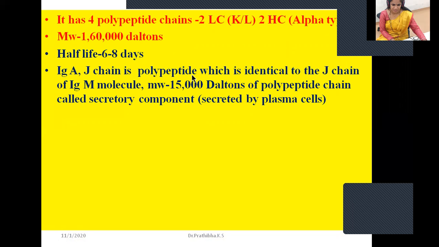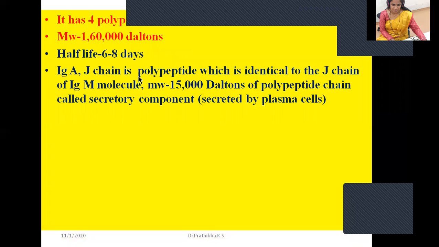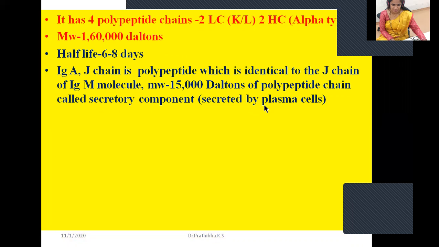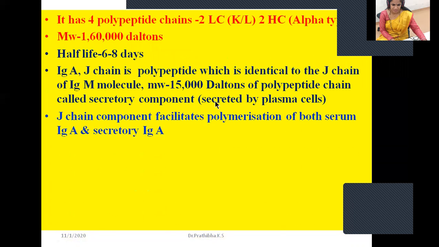The J chain, which is a polypeptide, is identical to the J chain present in the IgM immunoglobulin molecule. The J chain molecular weight is 15,000 Daltons. The secretory component connects the two immunoglobulin units and is secreted by the plasma cells.